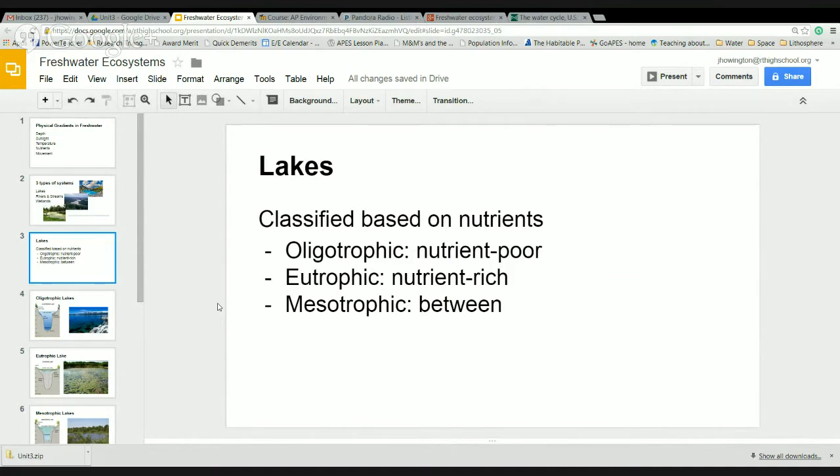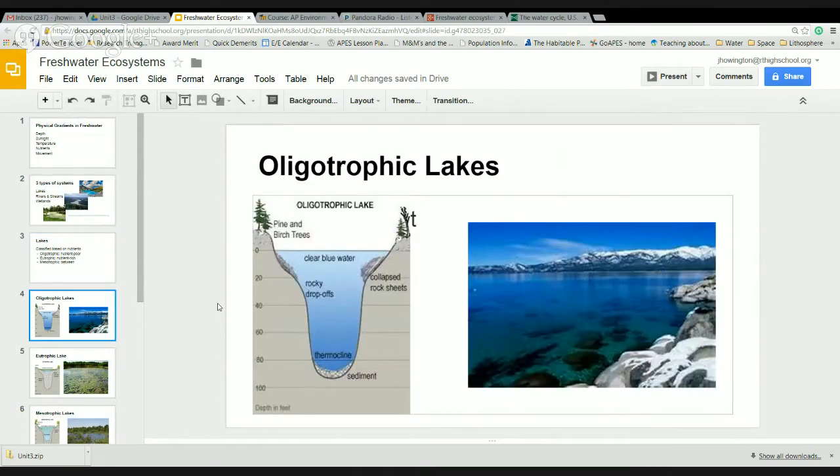Ecologists typically classify them based on their nutrient levels. We have oligotrophic lakes, which are nutrient poor, eutrophic lakes, which are nutrient rich, and mesotrophic lakes, which are somewhere in between. Oligotrophic lakes tend to be really deep, and they have blue-colored water, and they are typically fed by glaciers and mountain streams.